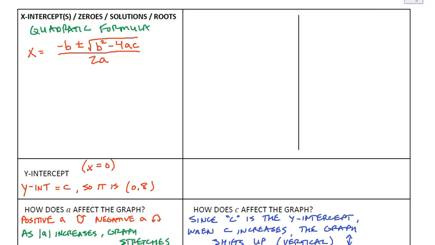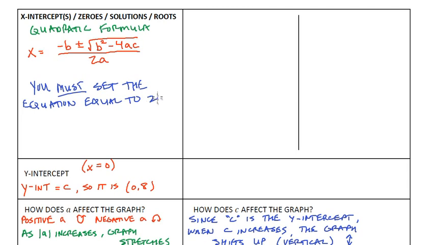One thing we want to make sure of, the same rule that we use when we factor: you must set the equation equal to 0 before identifying a, b, and c.